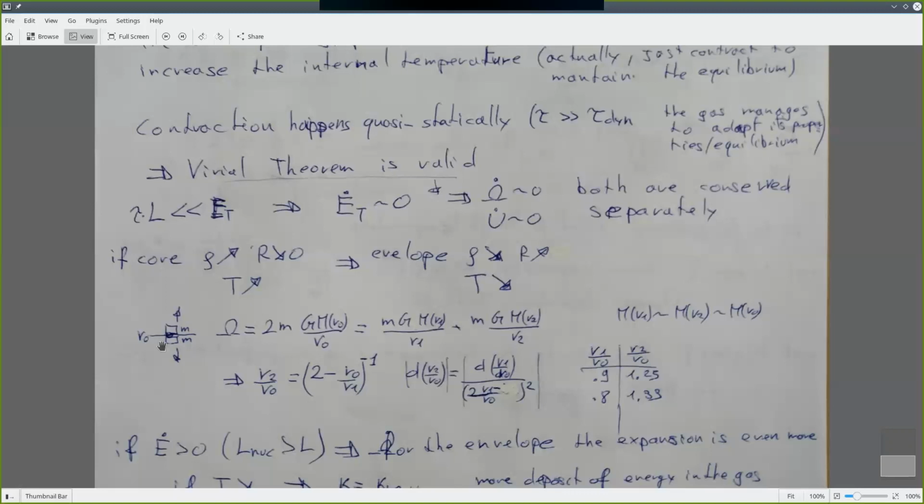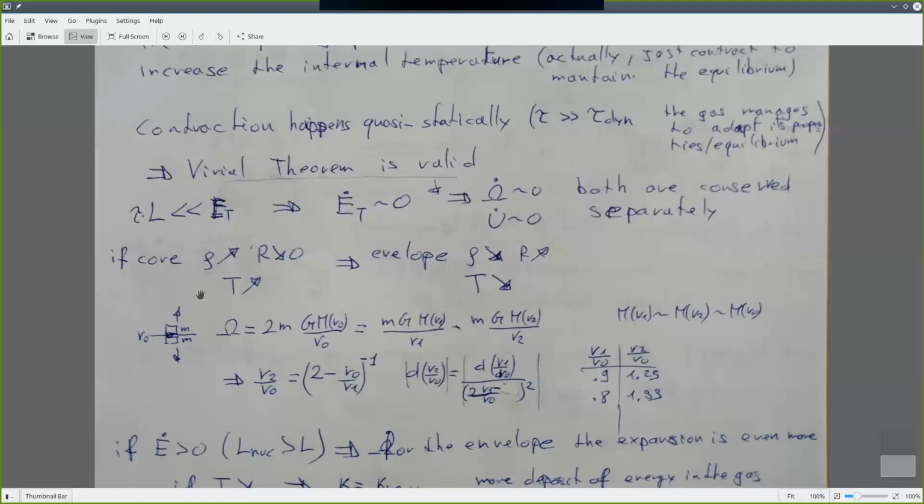We have that the gravitational potential energy is this one, with the minus sign, absolutely, due to the two masses at the position R0. Then they move, one to R1, the other to R2, so the potential will be this one.